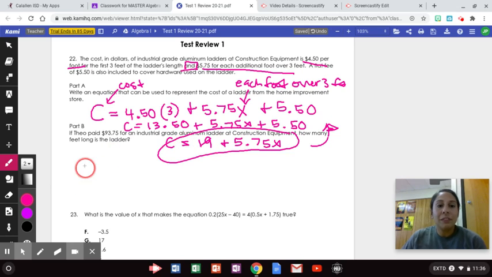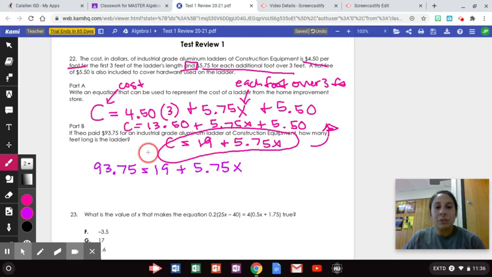Part B, if Theo paid $93.75 for a ladder, how many feet long was the ladder? So here, the cost, C, is 93.75. So we're going to set up the equation 93.75 is equal to 19 plus 575x. And now we're going to solve for x. To solve this equation, you have to take away 19 from both sides.